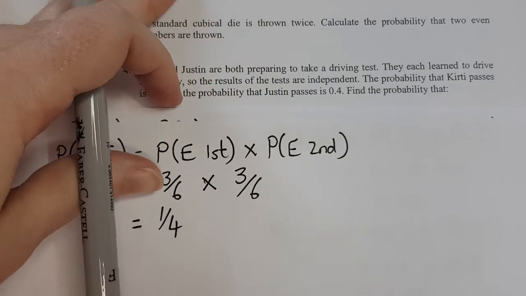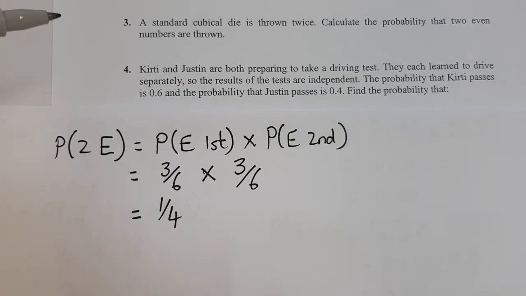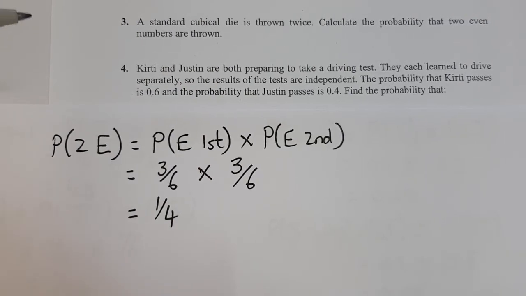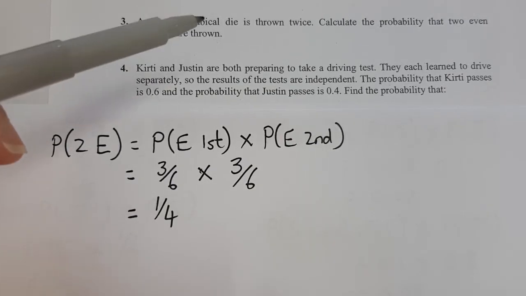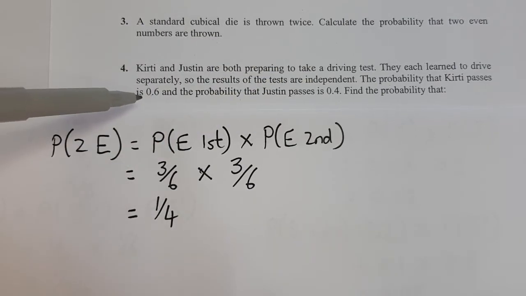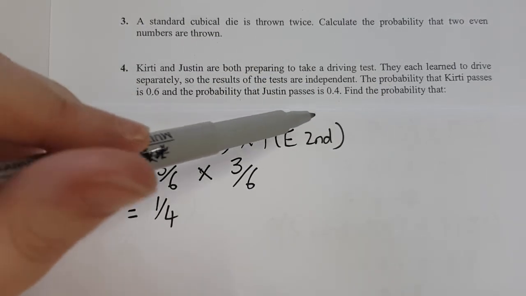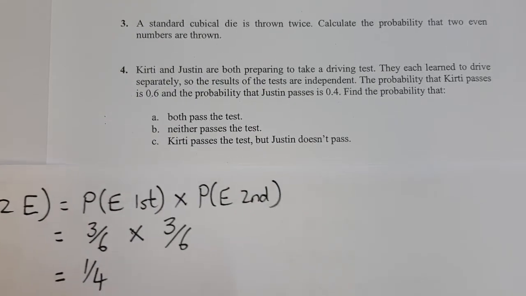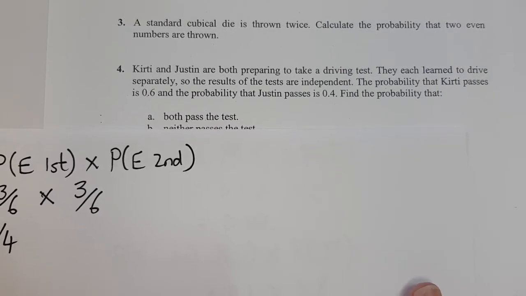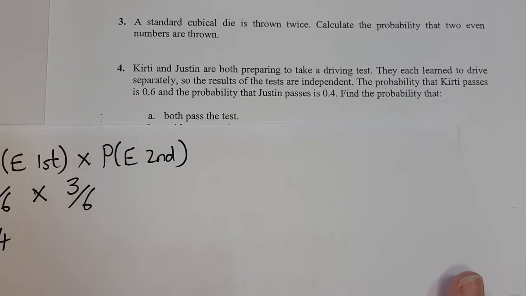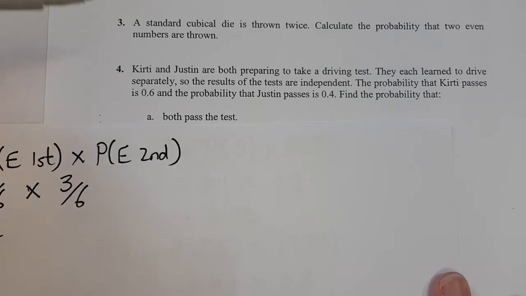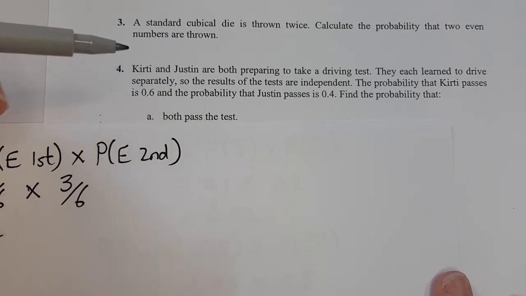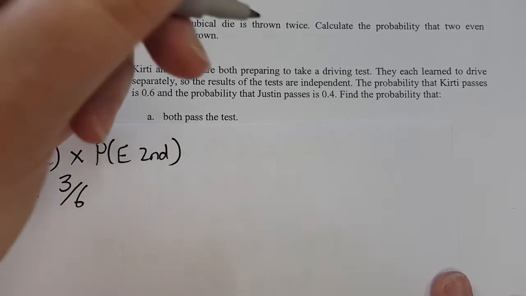And then if we look at our next one, we have Kirsty and Justin both preparing to take a driver's test. They each learn to drive separately, so the results are independent, and the probability that Kirsty passes is 0.6 and the probability that Justin passes is 0.4. So we need to find the probability that both pass their test. So if they both pass the test, that means it's going to be Kirsty passing and Justin passing.